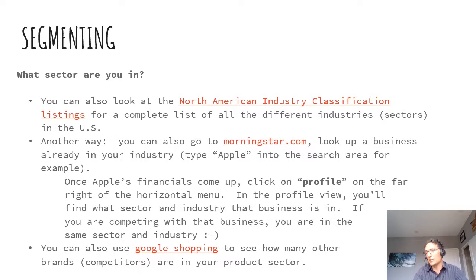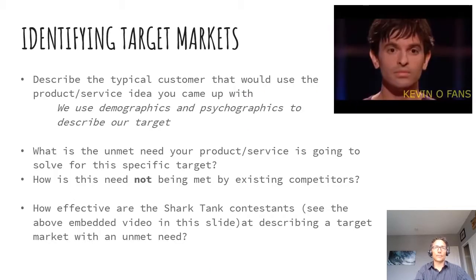So maybe you have an idea for a beach-themed coffee shop with sand floors and all kinds of cool decorations, and you start falling in love with your product idea, but you forget that you're in a highly competitive segment, which includes brands like Peet's Coffee, Dunkin' Donuts, and this little coffee chain company that you might have heard about called Starbucks, right? So we want to think first of the broad product category, the different segments, and where the opportunities are for us. So that's segmenting, which leads us to identifying target markets.